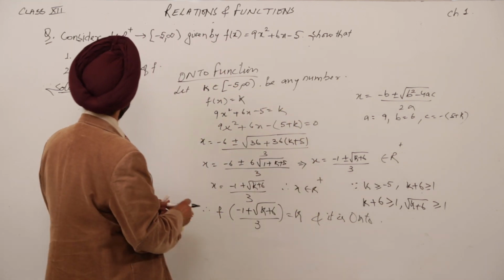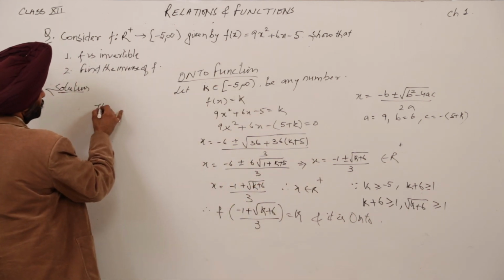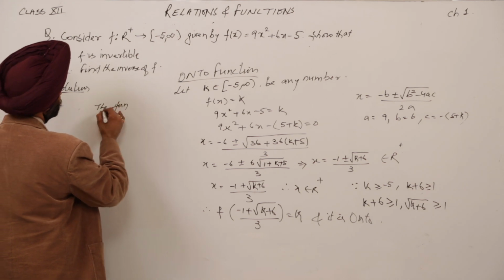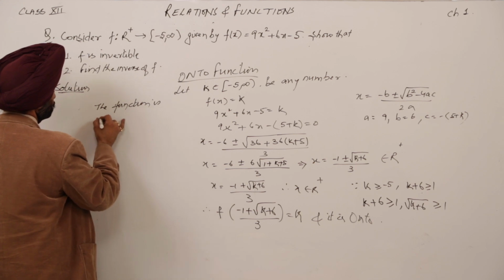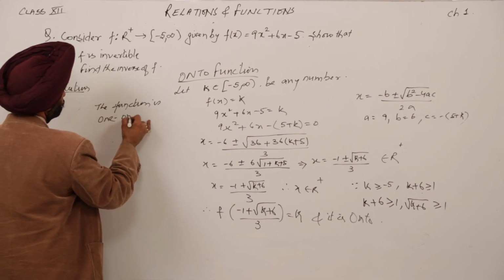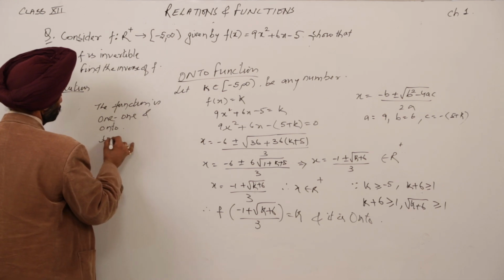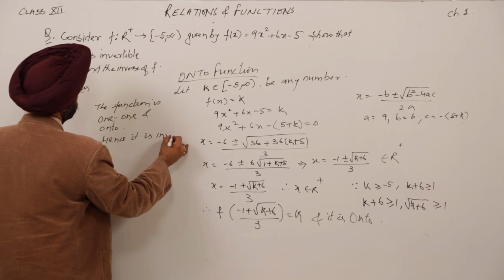Now when the function is 1-1 and onto, you can write, because we must never miss any step, the function is 1-1 and onto, hence it is invertible.